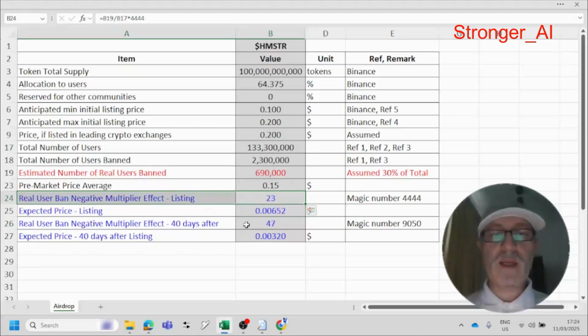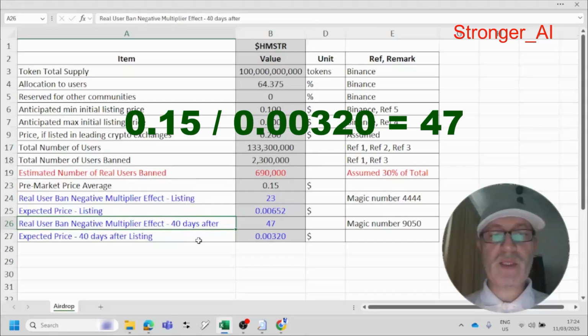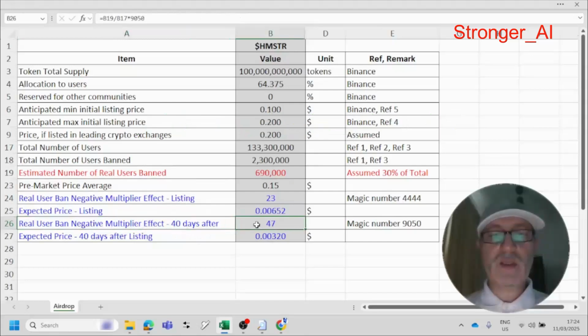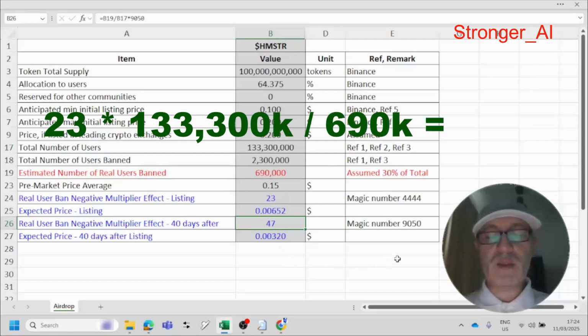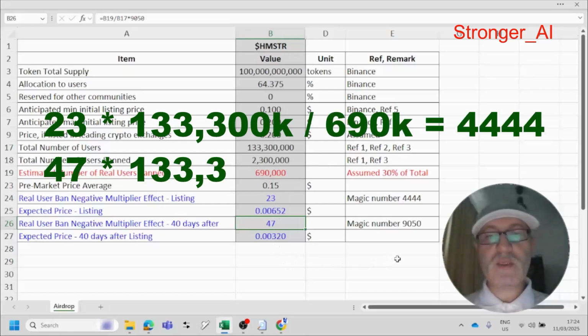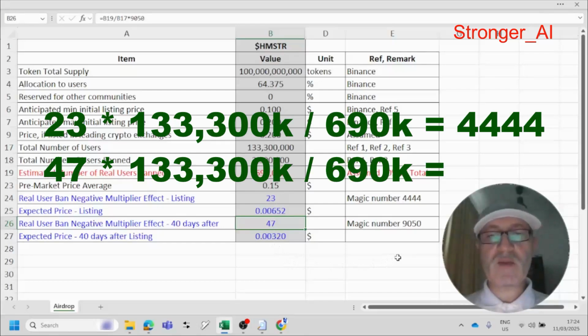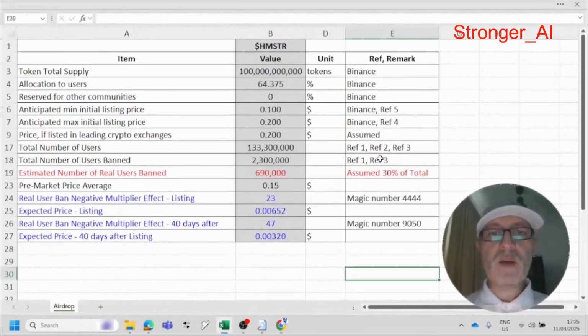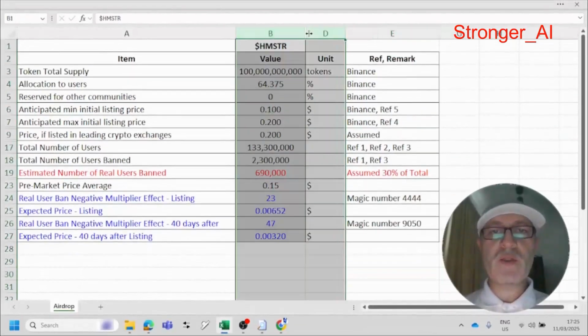And also after 40 days, the real user ban negative multiplier effect is 47, so 0.15 divided by 47 will be 0.0032. How did I calculate this magic number? It's not very difficult. You just need to divide these numbers and find the multiplier which explains the transfer between these values. Now I'm going to use the same formulas for PAWS.